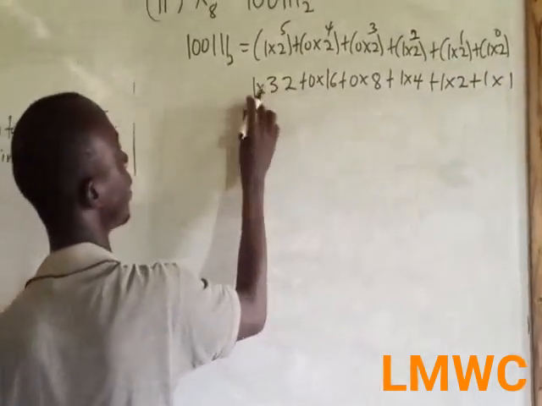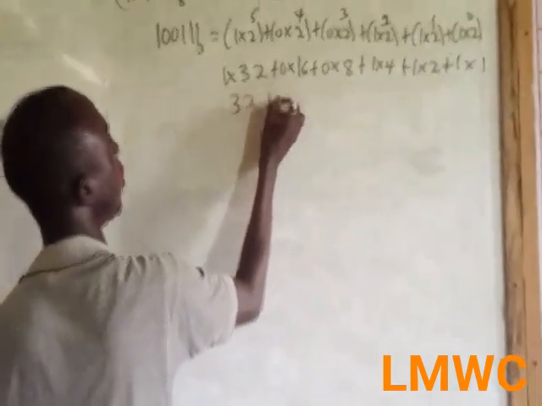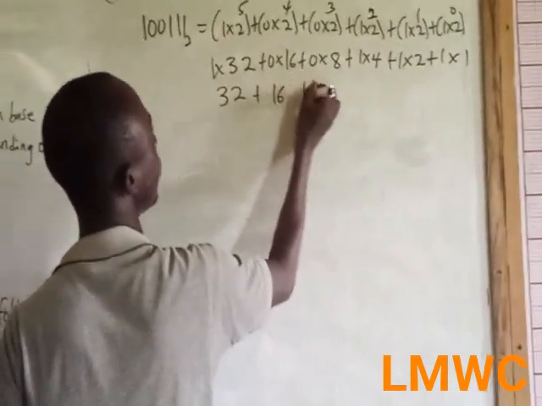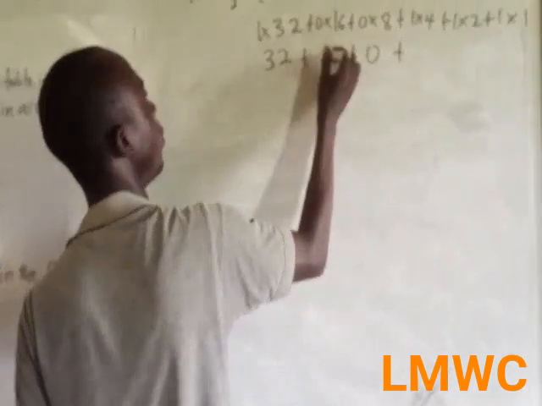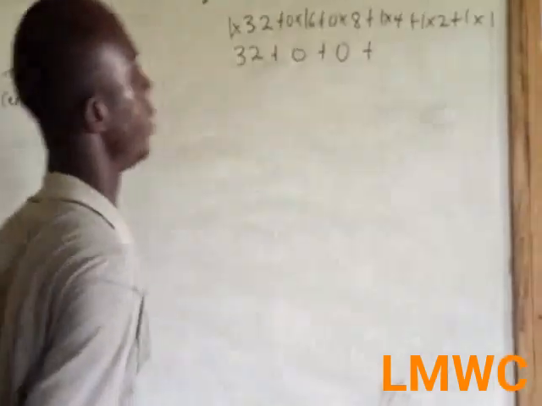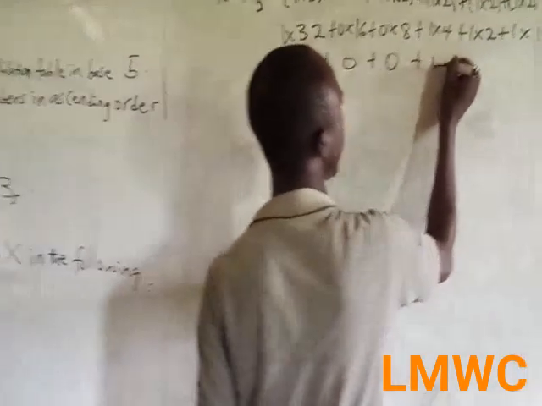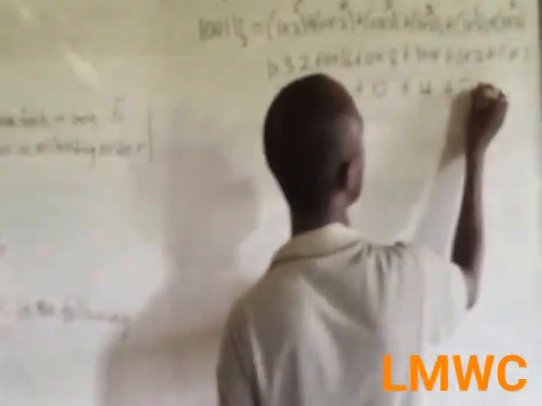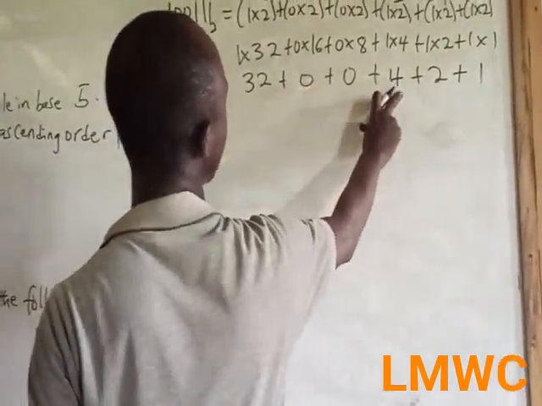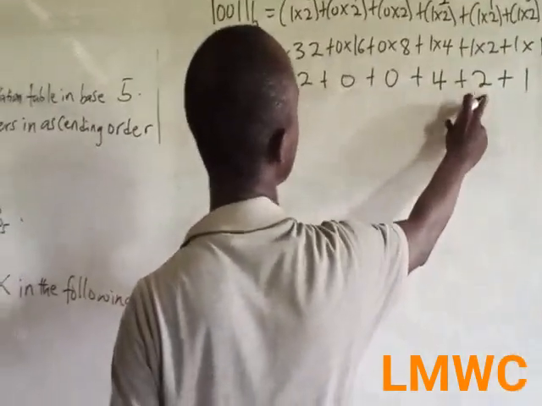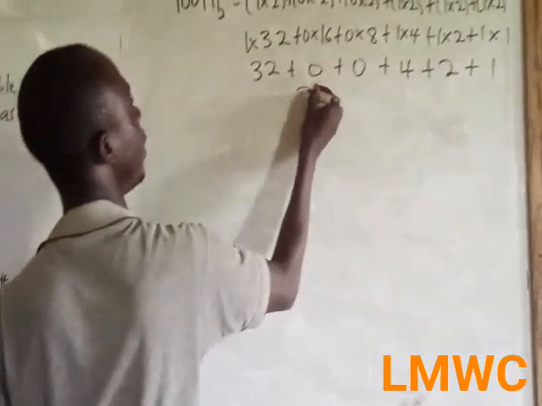So 32, plus 0 because 0 times any number is 0, plus 4, plus 2, plus 1. 32 plus 4 is 36, plus 2 is 38, plus 1, 39.